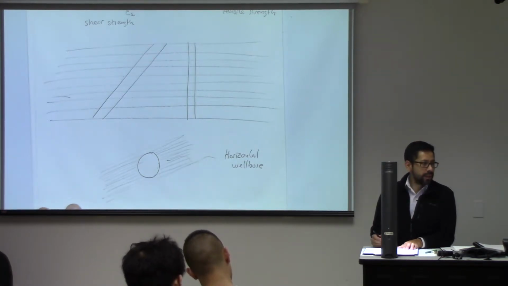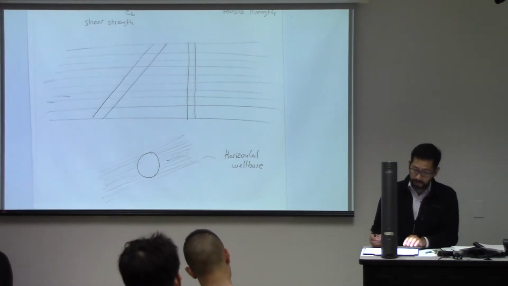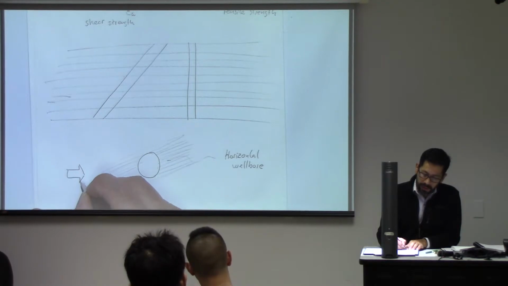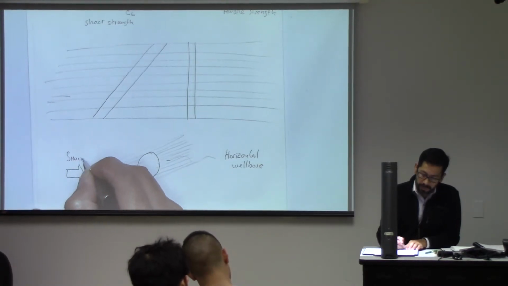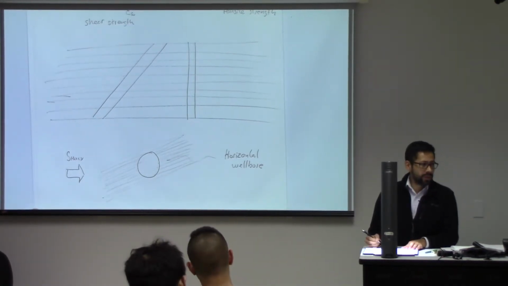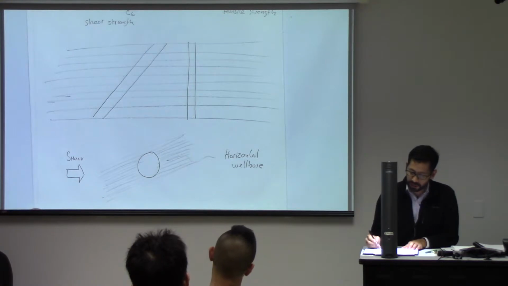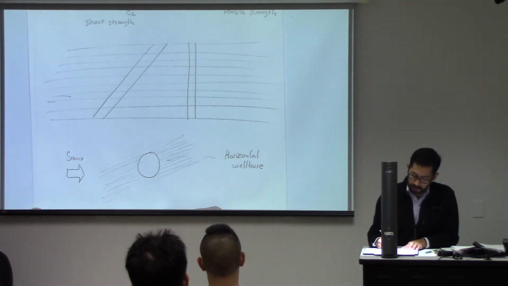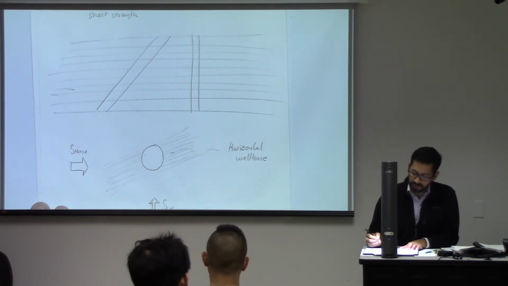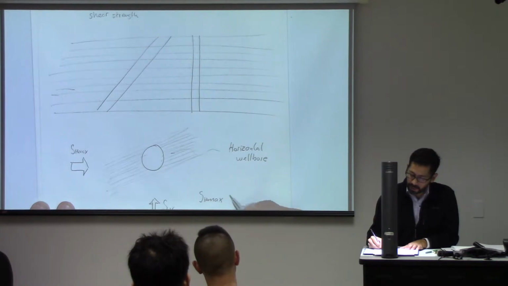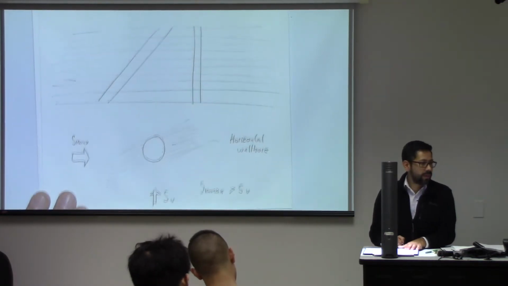And let's say that in this particular case, we have SH max. Let's say this wellbore is being drilled for hydraulic fracturing, so it's in the direction of SH min, and this is SV, and this is strike slip, and SH max is higher than SV.